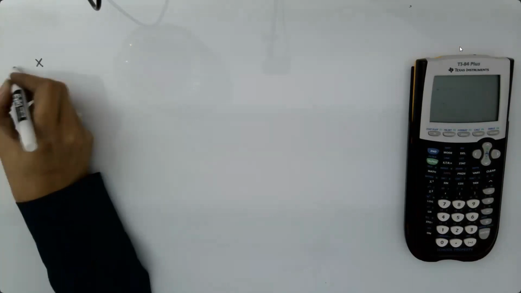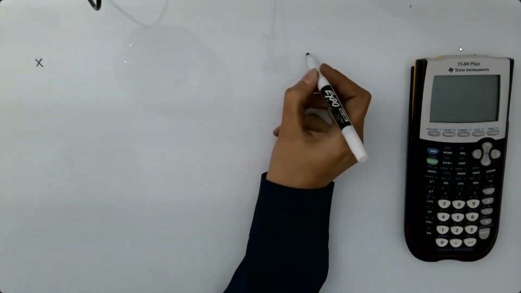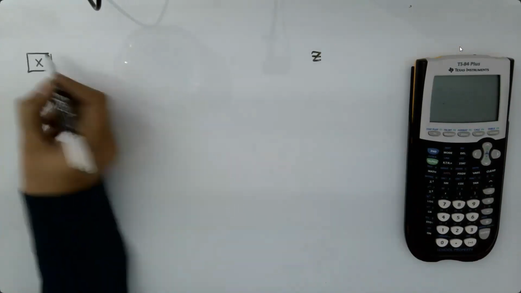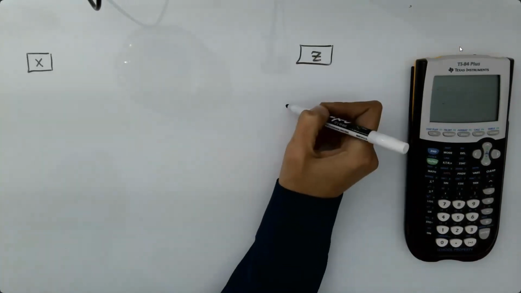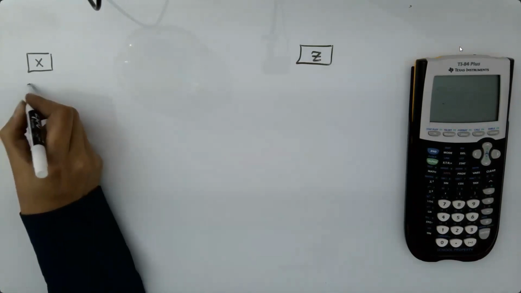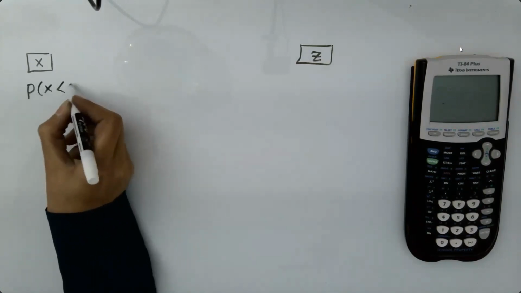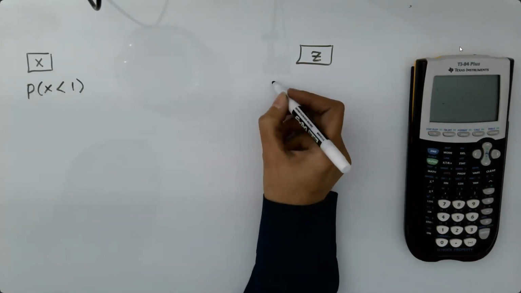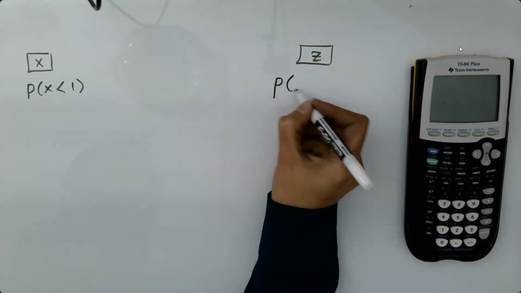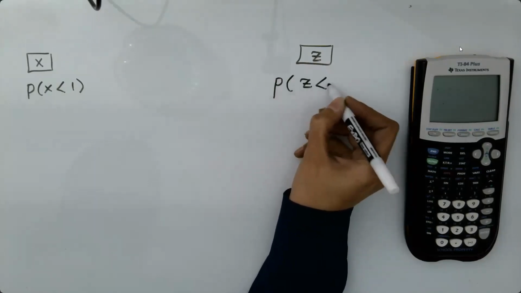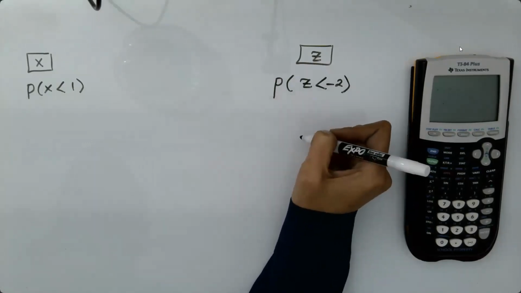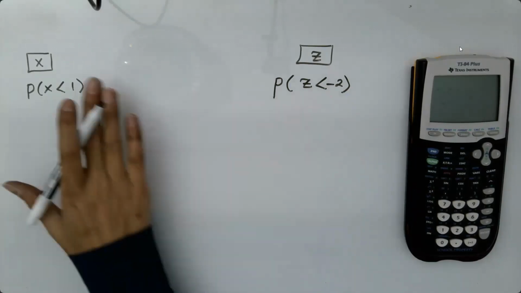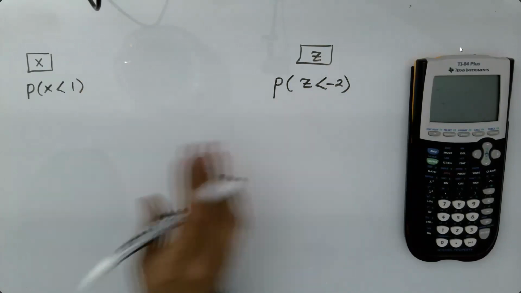I need to write them side by side so you see what's going on: x, then z. Here it says find the probability that x is less than 1. Remember that we calculated z to be -2 or equivalent. We want to know the probability that z is less than -2. The same calculation for x and for z.